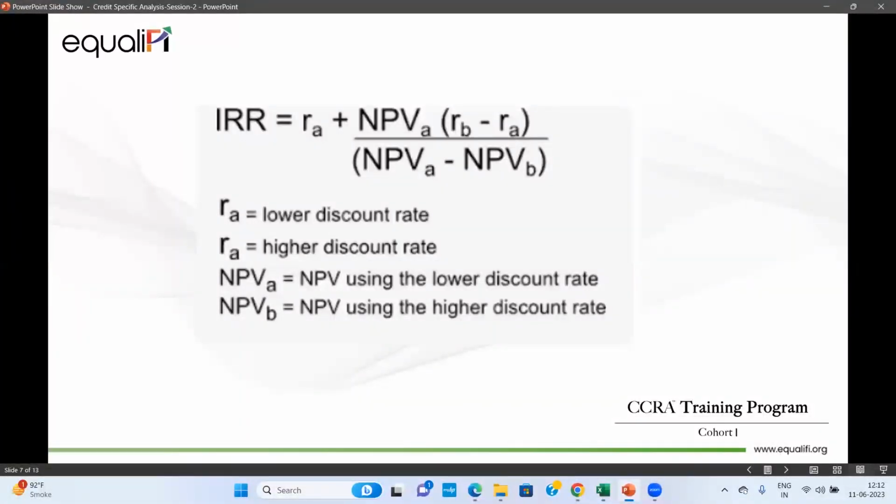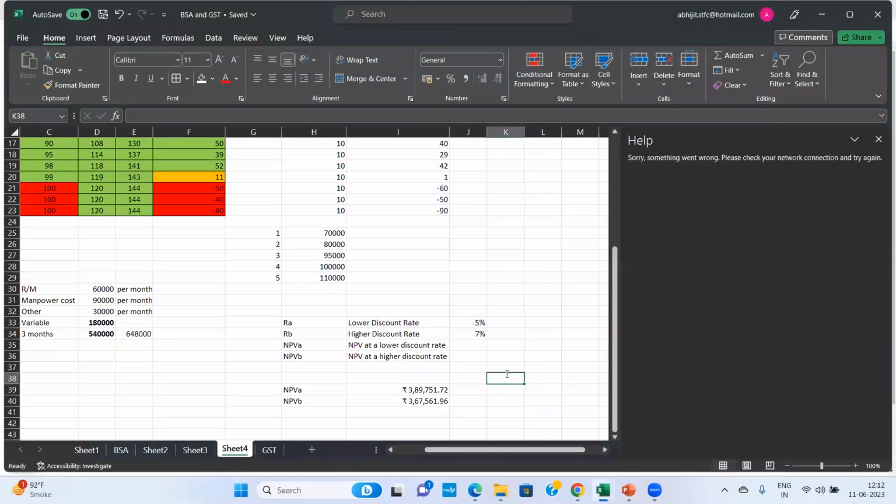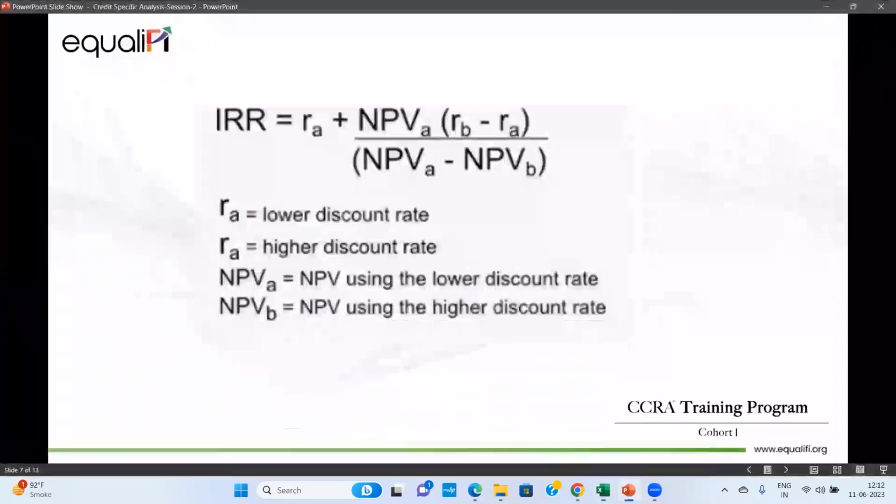To ease your calculation, you first calculate the numerator: NPVA into RB minus RA, right? This is the numerator. Then what is the denominator?